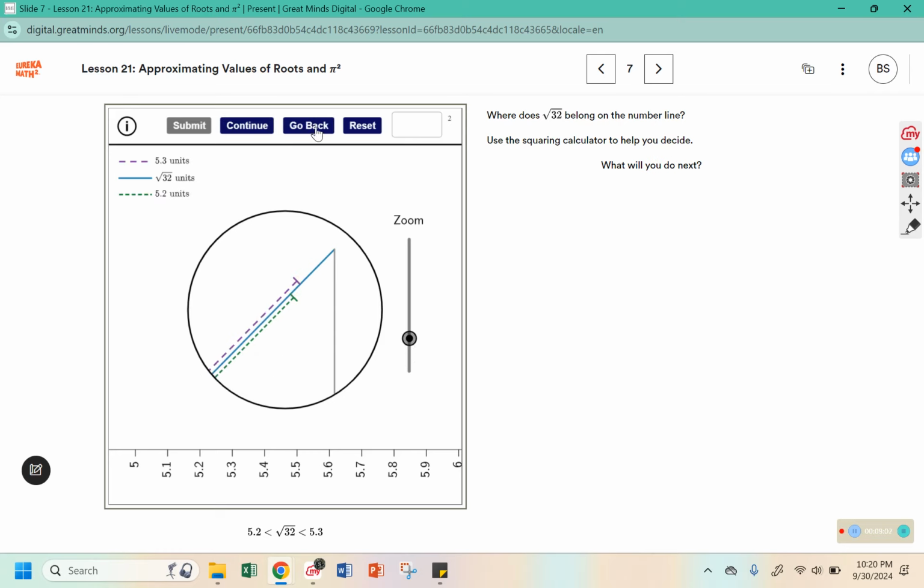Looks like they're both too short, so I'm going to have to go back and adjust. Let's try this one. Still both too short, so bump it up. And we have one short and one long, so we can continue to zoom in.